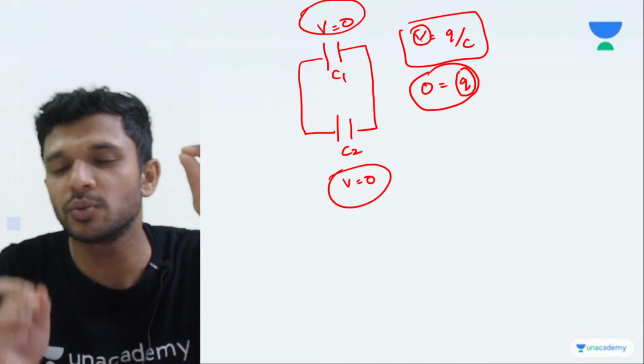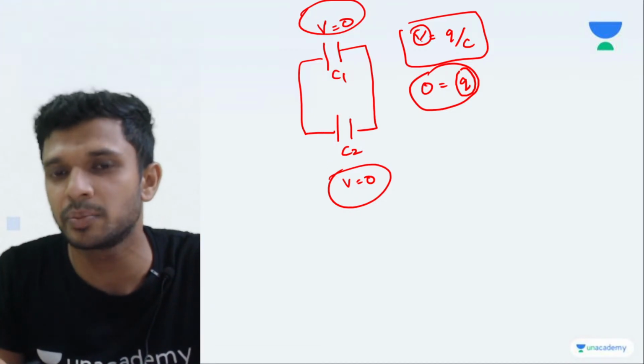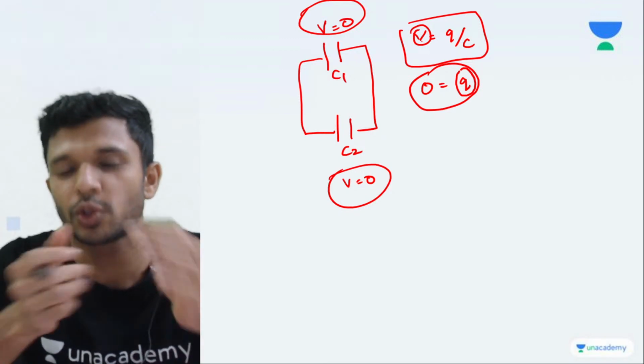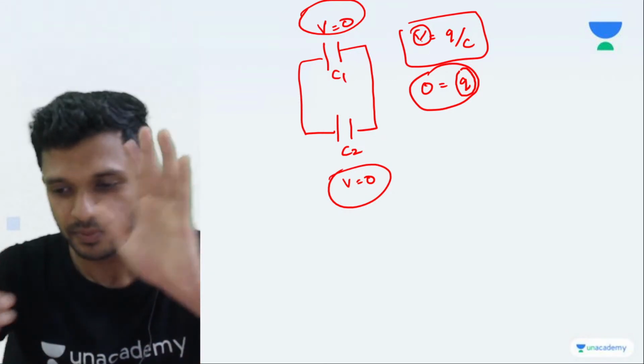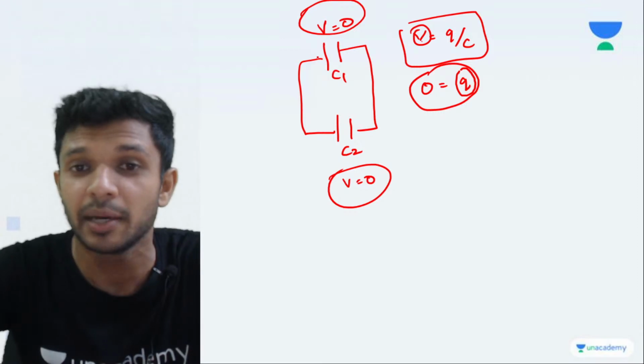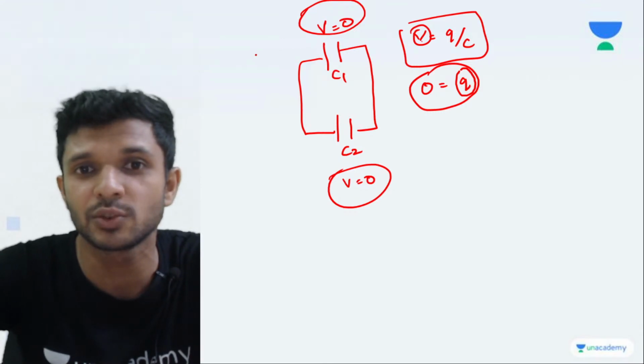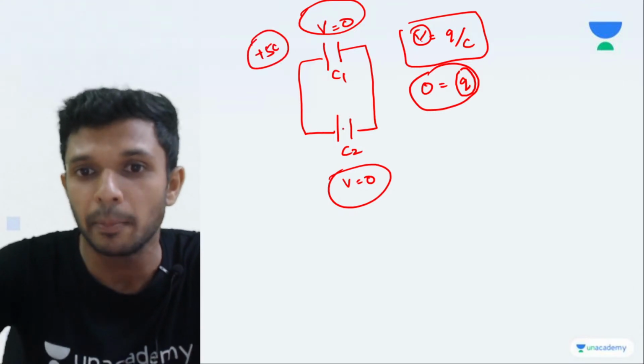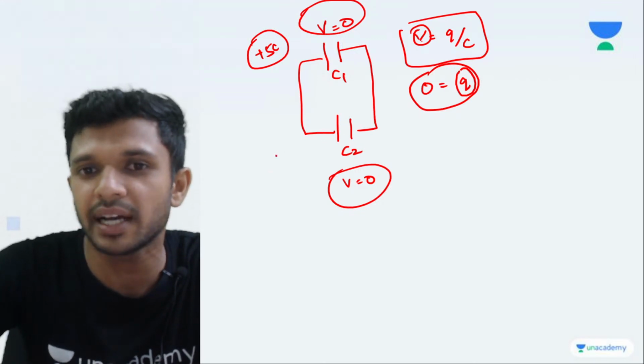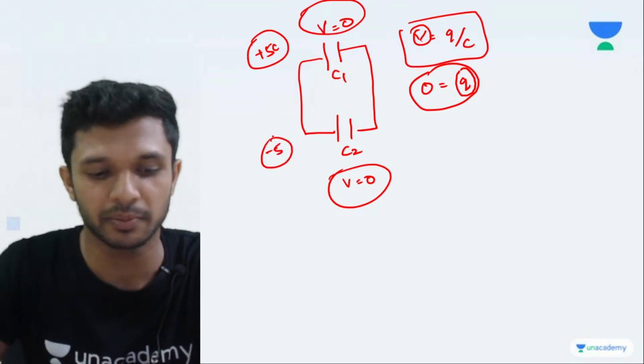How can the charges on both the capacitors be 0 once we connect them together? I'll give you an example. Let's say before connecting, the charge on capacitance C1 was plus 5 coulomb. Before connecting, the charge on capacitance C2 was minus 5 coulomb.